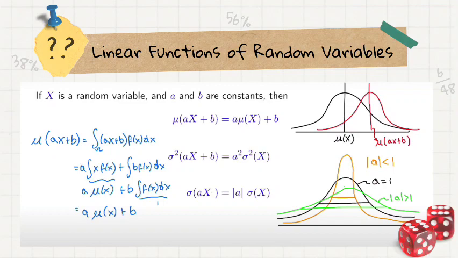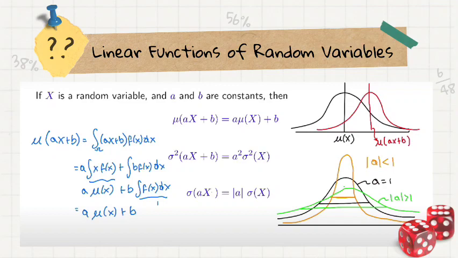This statement can be easily demonstrated using the definition. The mean of ax plus b is equal to the integral of ax plus b multiplied by f of x dx, and that integral is over the whole domain.